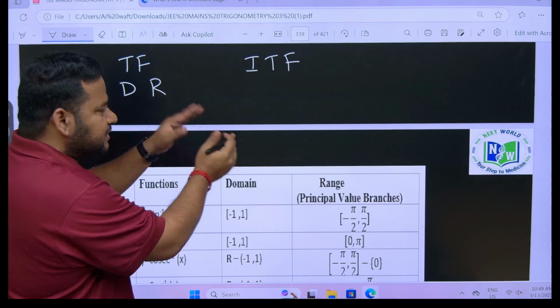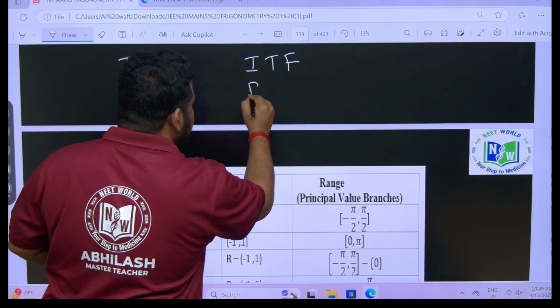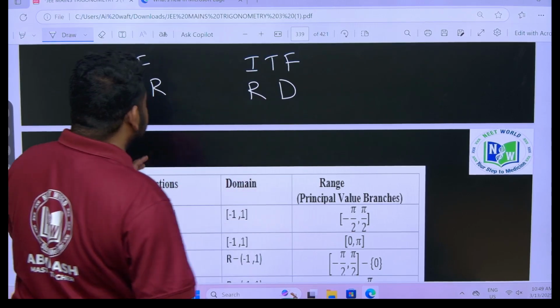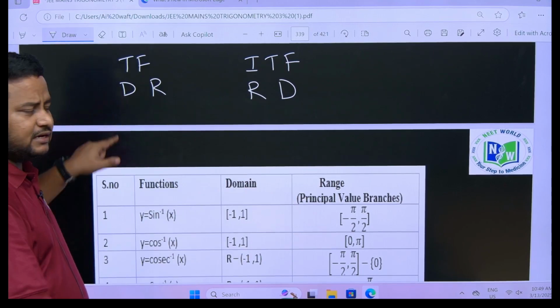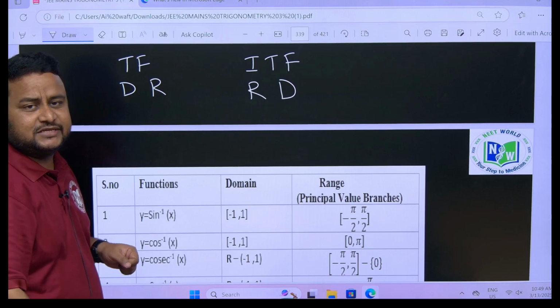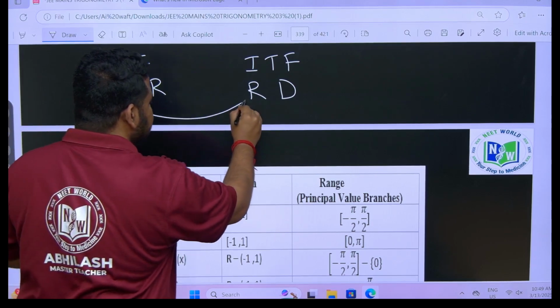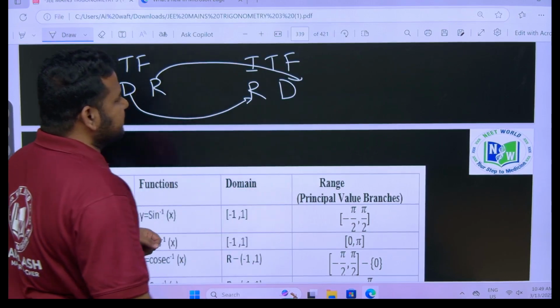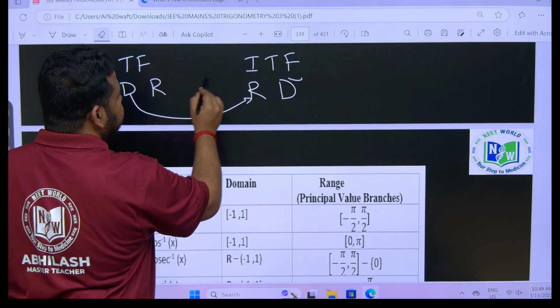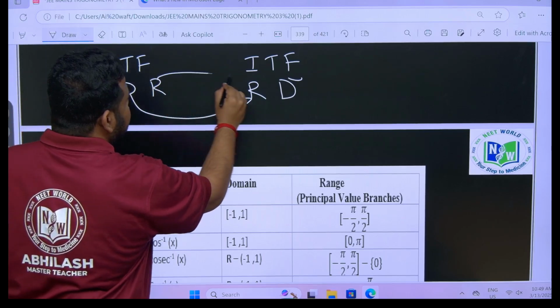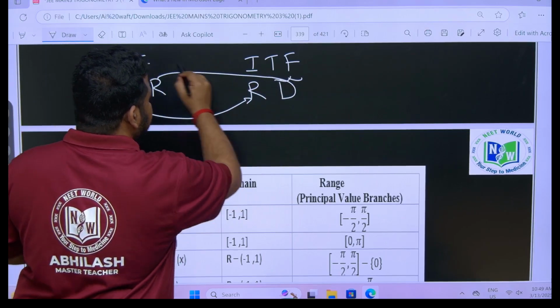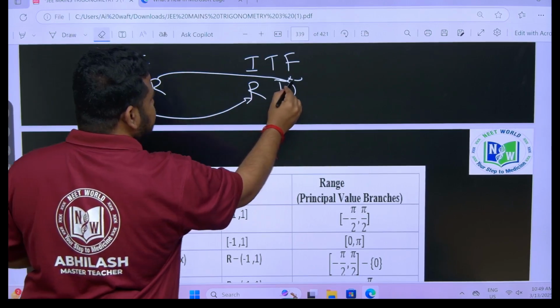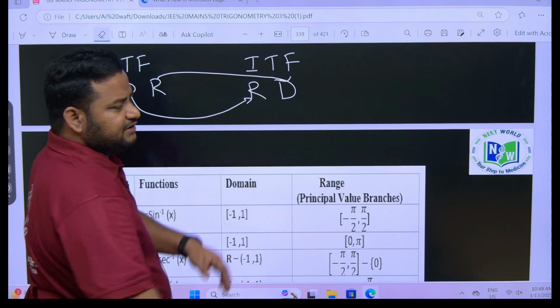So here it will become the reverse. What is the domain here? That will become range. In inverse trigonometry, what is the domain? That will become range. What is the range here? That will become domain. Okay, that will become domain when we consider trigonometric function and inverse trigonometric function.